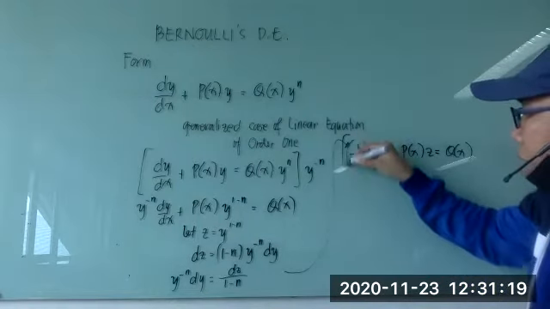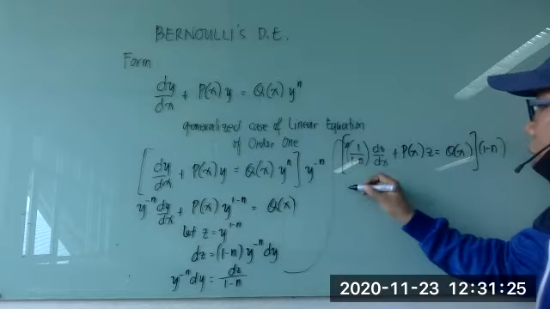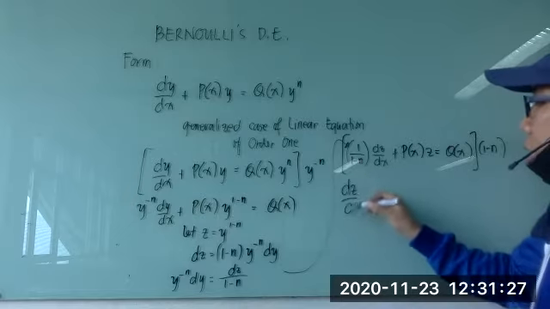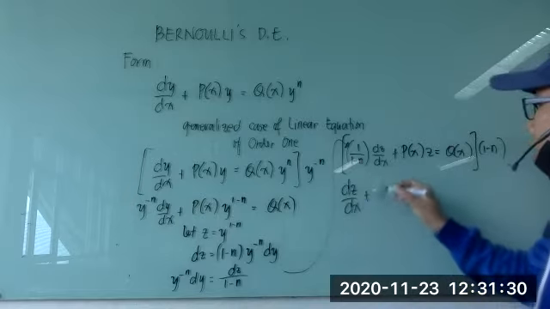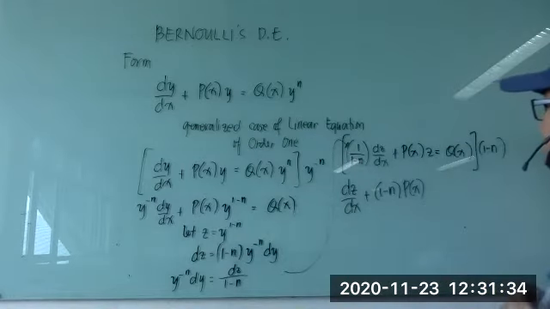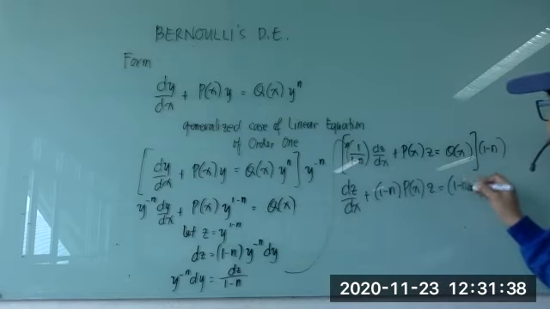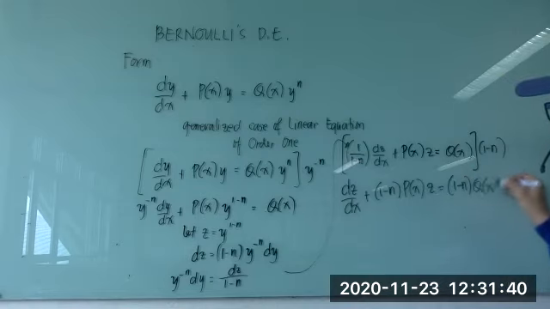By doing that, we need to multiply the entire equation by 1 minus n. So this becomes dz over dx plus 1 minus n, p as a function of x, times z equals 1 minus n times q as a function of x.